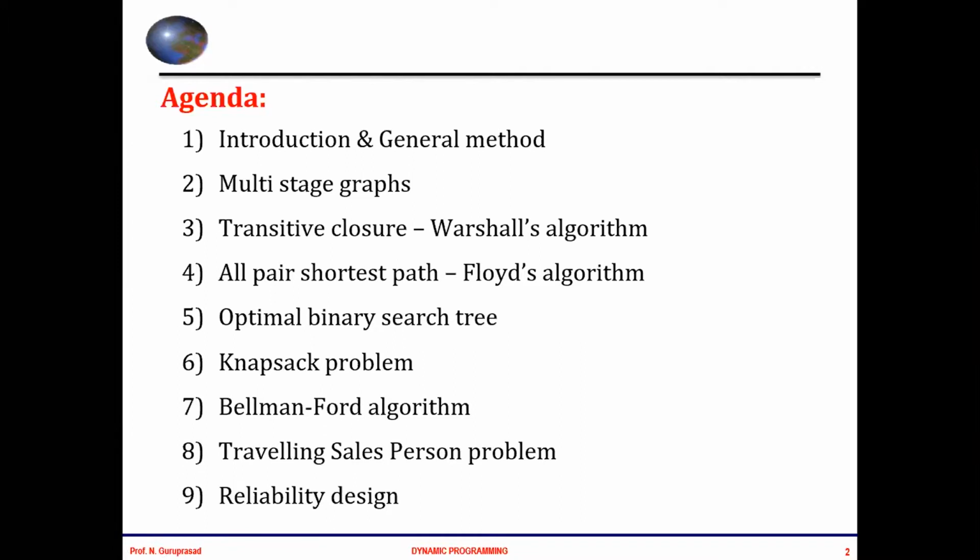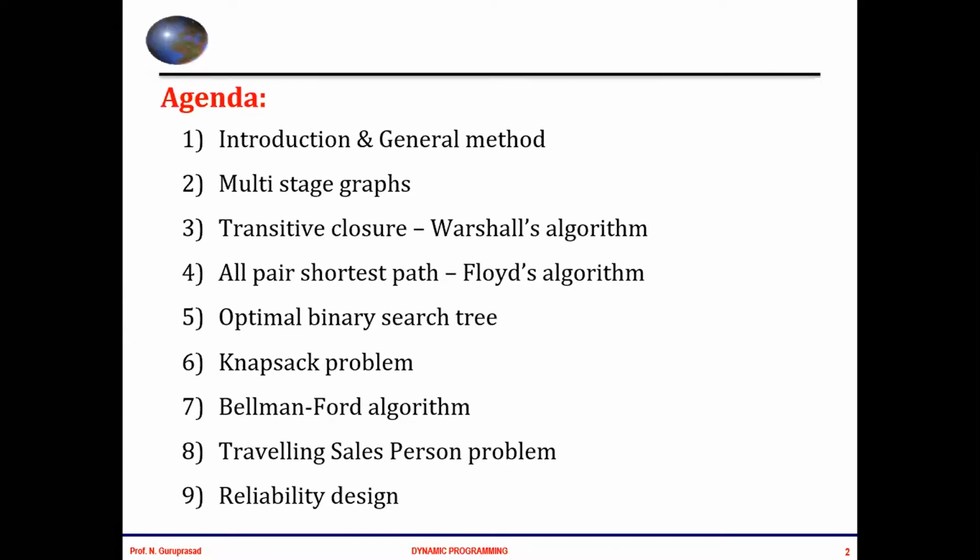the problem. And from multi-stage graphs, we will move to transitive closure, which basically makes use of a very well-known algorithm called Warshall's algorithm, which will tell whether there exists a path or not. Then we will see an extension of the shortest path, which we have studied in greedy method, that is Dijkstra's algorithm.